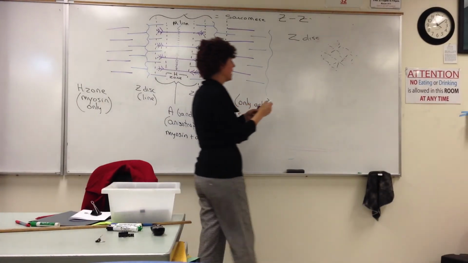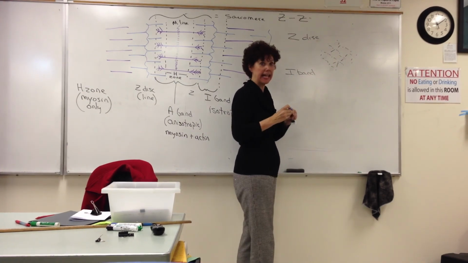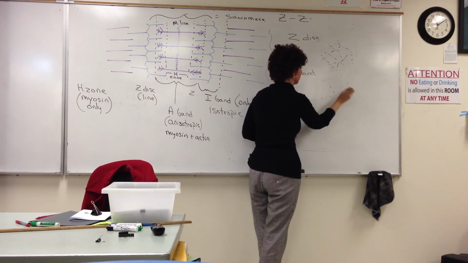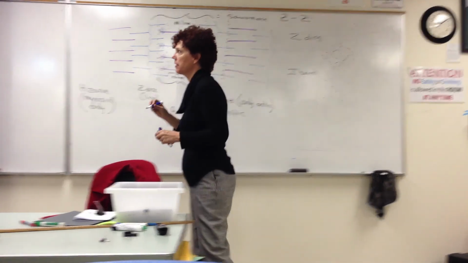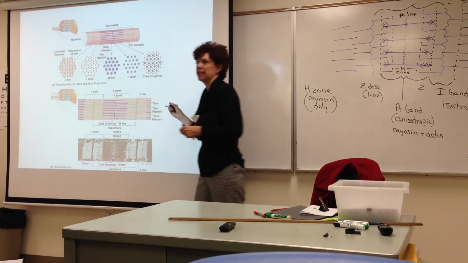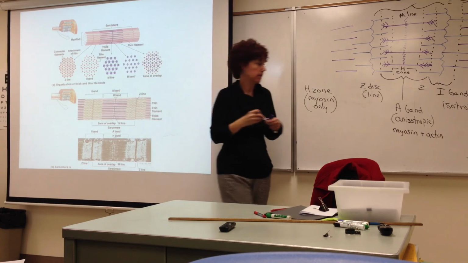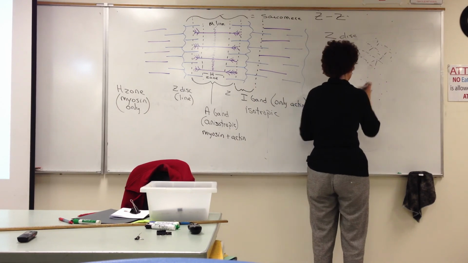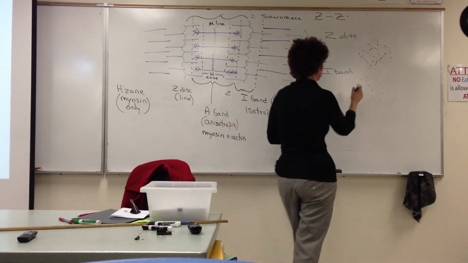Now, what if I'm looking at the I band? Just the actin. No, there is actually another small molecule called titin, and that's what you're seeing as these tiny little dots. Okay, titin, I'll get to it in just a second. Titin is a spring-like molecule that attaches the myosin to the Z disc. So I'll put it in there. I'll show you in just a second.